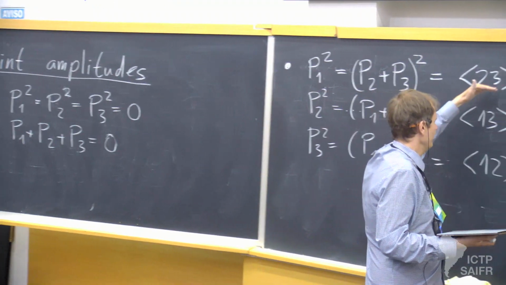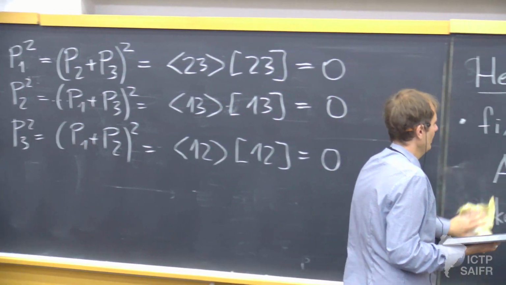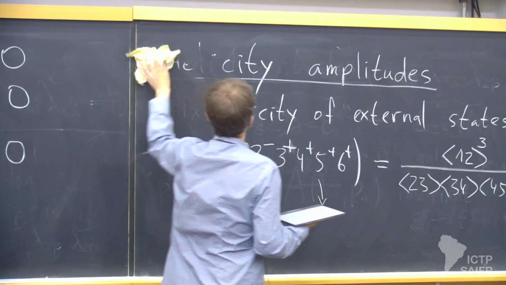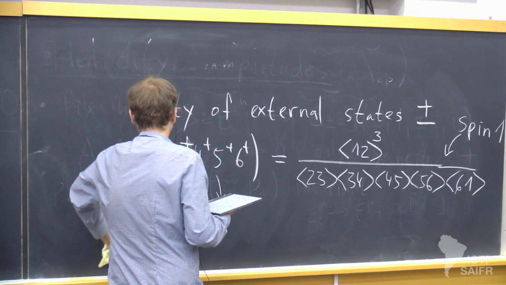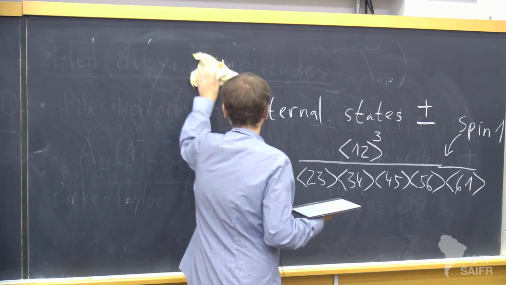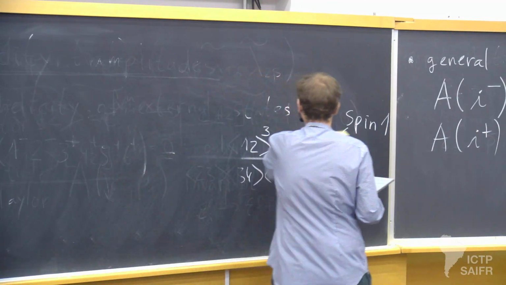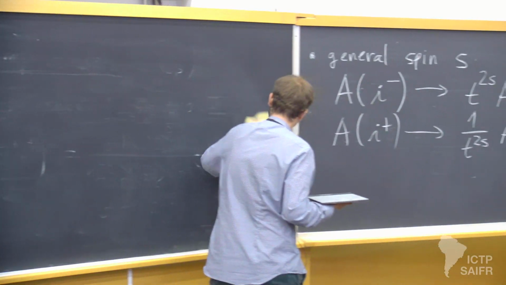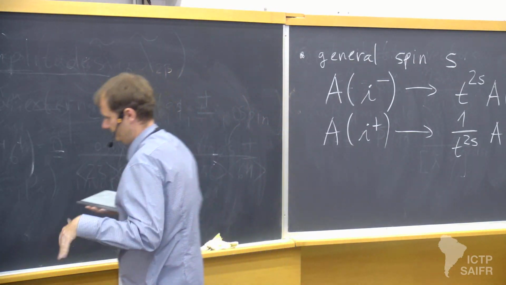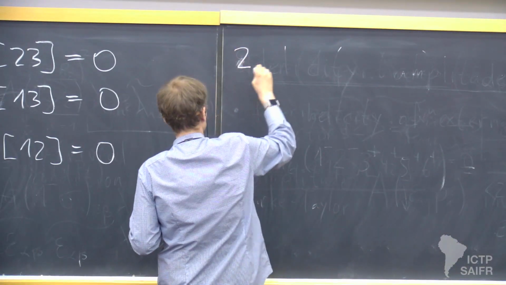So in order to satisfy these three conditions, we either send all the angle brackets to 0, or all the square brackets to 0. Any other choices basically give us only trivial kinematics. So there are two solutions.